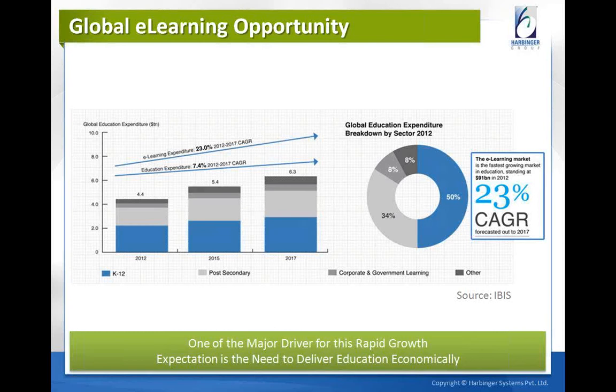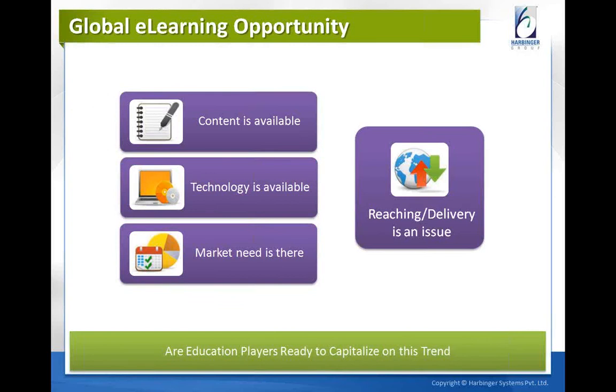So we have seen this market opportunity to be there. But as learning and development professionals, are we prepared to leverage this opportunity? Do we have all the means, the wherewithal, to leverage and utilize this opportunity? Here we see the primary requirement to tap this market would be e-learning content.